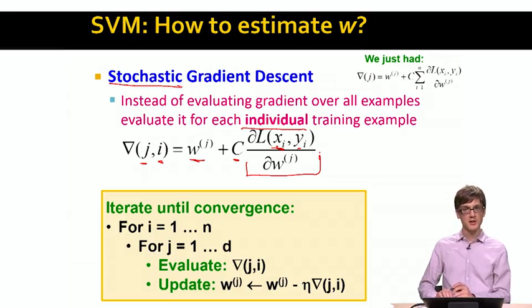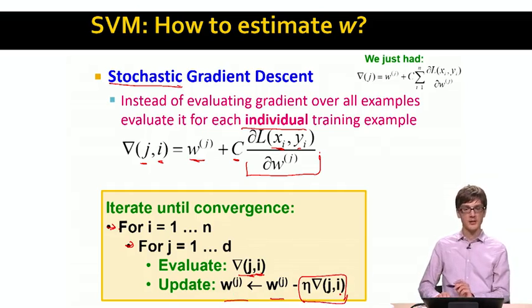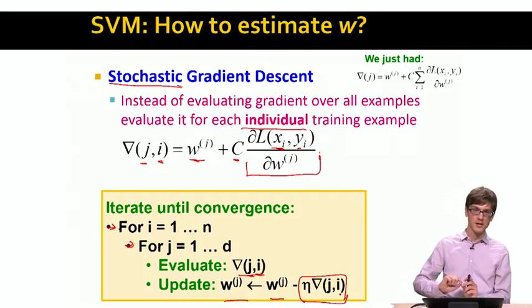So how this changes our optimization problem is that now we have two for loops, where the first loop goes over all the data, and the second one goes over all the coordinates. We simply evaluate the gradient at coordinate j for a given data point, and then move in the direction of the gradient at that individual data point. So what this means is that our calculation of the gradient is now very fast.